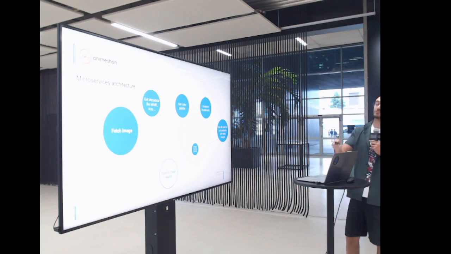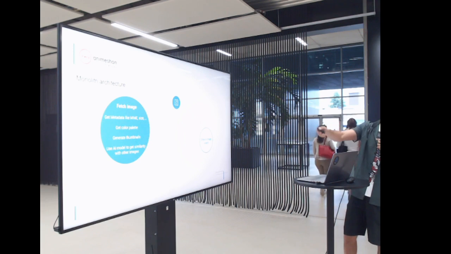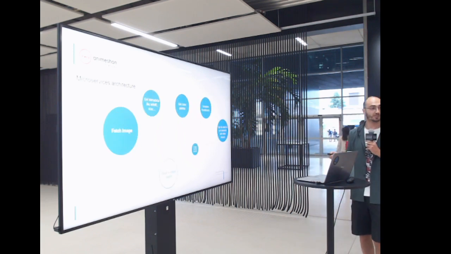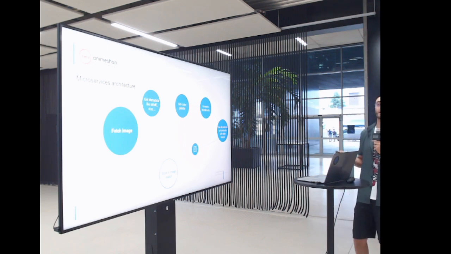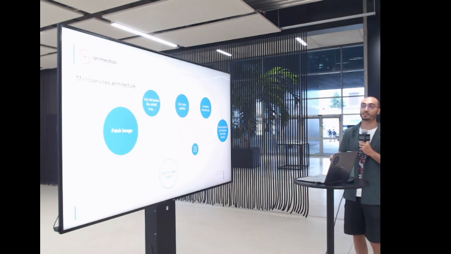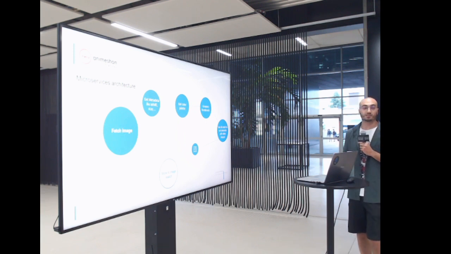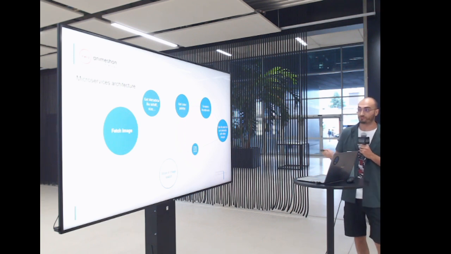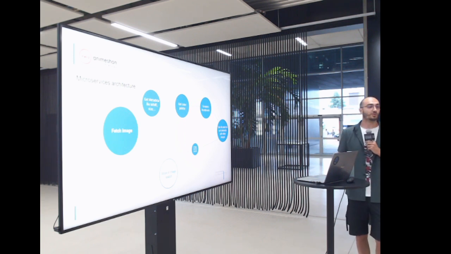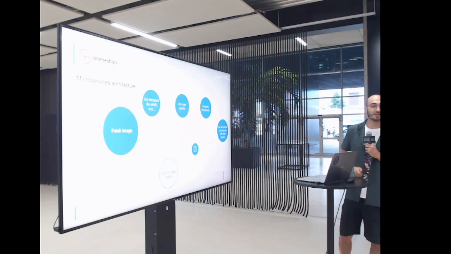So we chunk the whole, the big circle here, into many smaller circles. We fetch the image, then we pass the control to a service which gets the image metadata. Then we pass the control to a service which gets the palette. Then to one which generates the thumbnails, one which searches for similarities. We store everything inside our database, and then we serve the image.